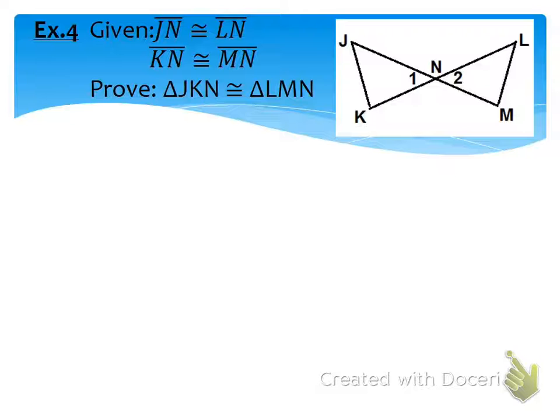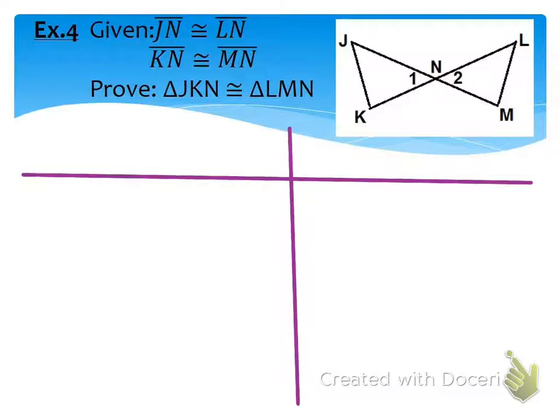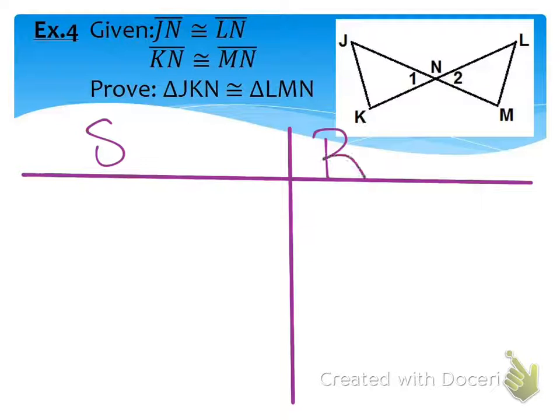Let's get into some actual proofs then. Again, we set up our columns. We should all be able to start it off. Statements, reasons. First thing I'm listing off in my statements would be what? My given statement.